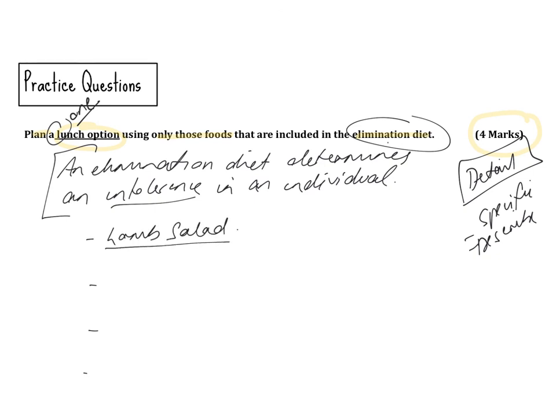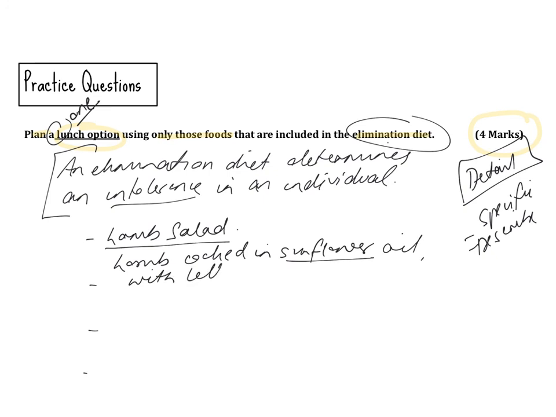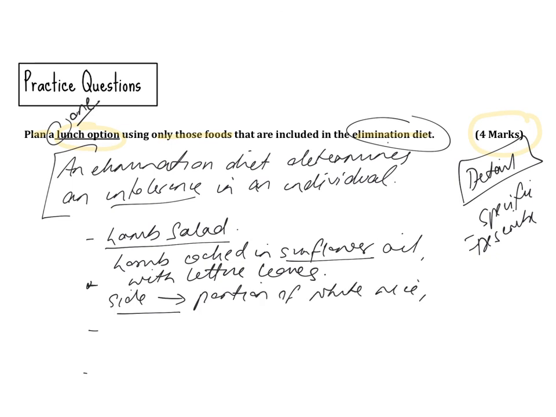and in the lamb salad, you would be able to have lamb that has been cooked in a type of oil, and the oil that is allowed on this diet is sunflower oil. And I would also indicate that the salad would contain some lettuce leaves. And on the side, I would have a portion of rice, a portion of white rice that has been steamed.